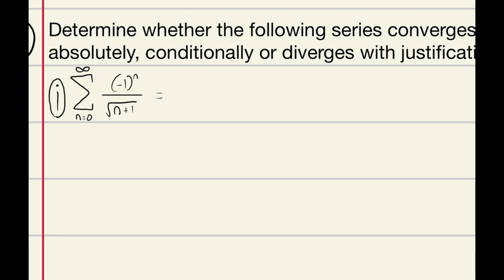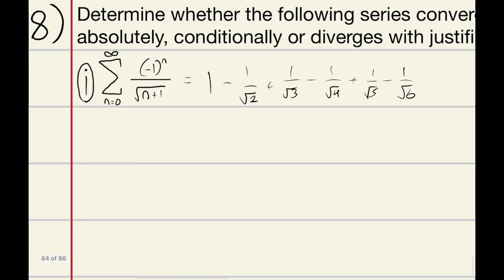When we plug in, starting at 0, we can plug in values, and we would get 1 minus 1 over root 2 plus 1 over root 3 minus 1 over root 4 plus 1 over root 5 minus 1 over root 6.